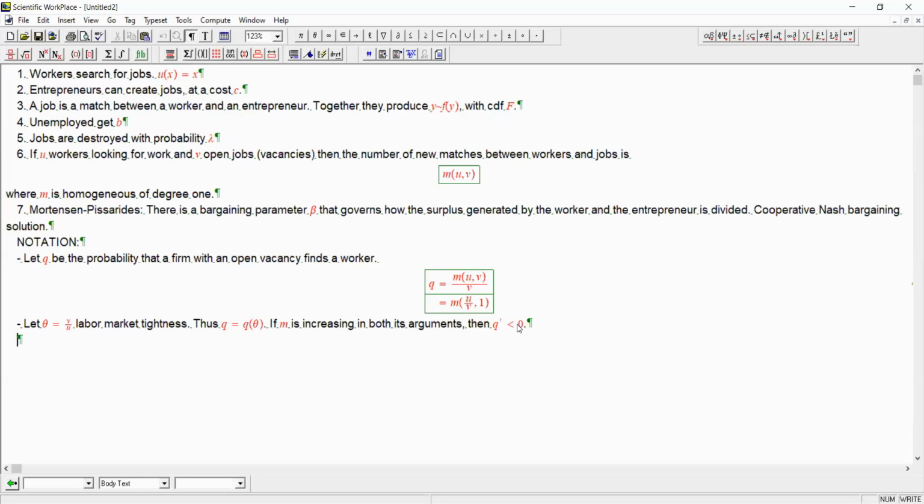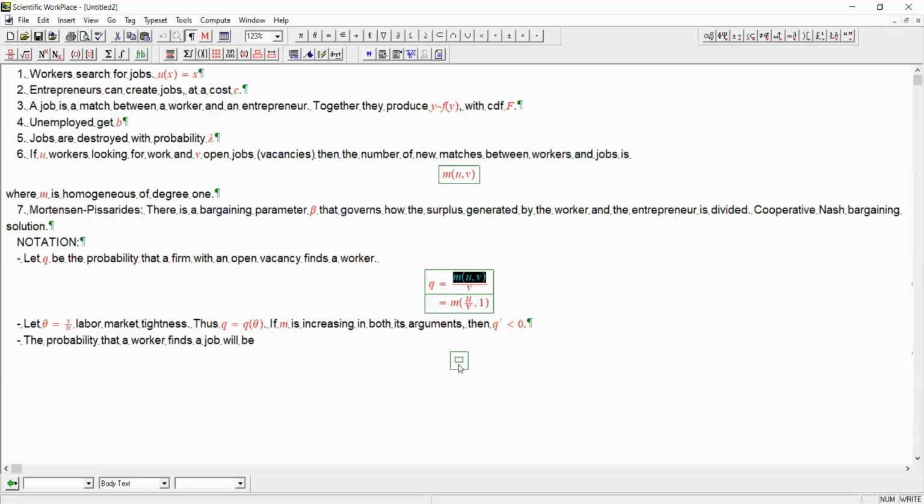What else? Well, the probability that a worker finds a job, rather than giving it a name, observe that that is going to be something similar to this.